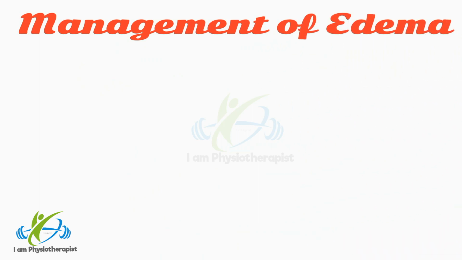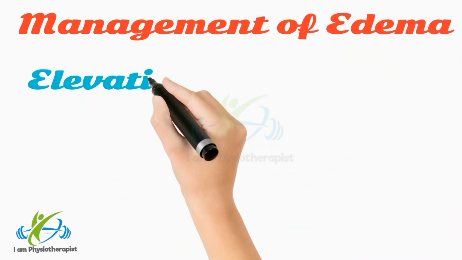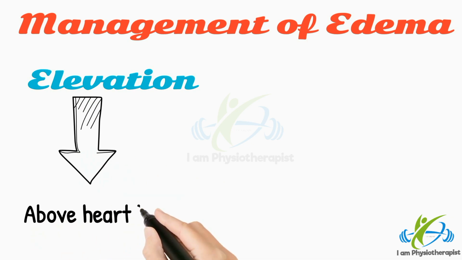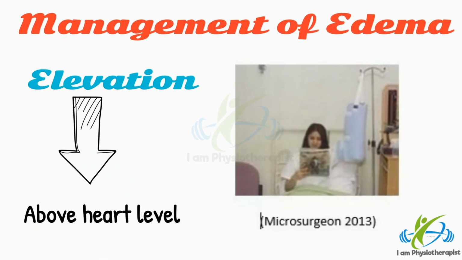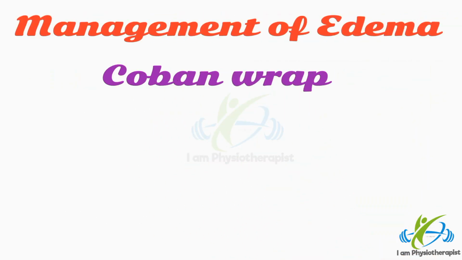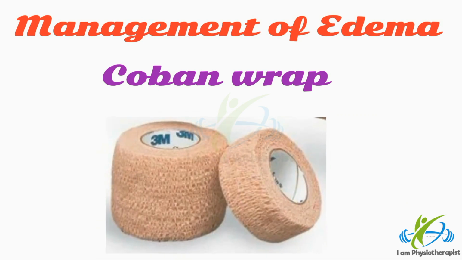Management of edema. Elevation. Elevation of the hand above heart level is one of the simplest and most effective ways to prevent and decrease edema. A Bradford sling can be used to facilitate elevation. Coban. Coban wrap can be used to decrease hand edema.